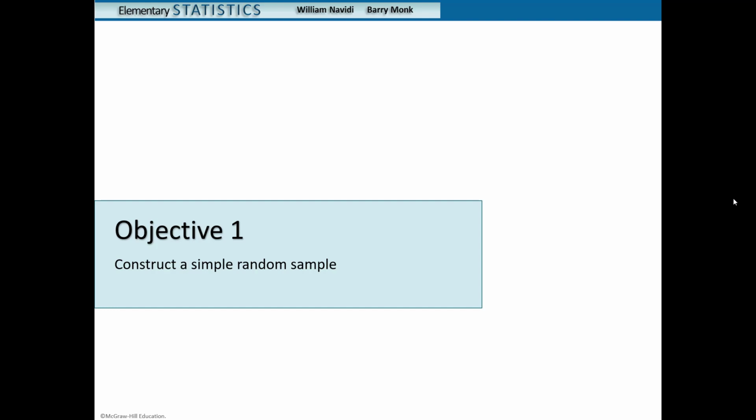So the process of polling requires two major steps. First, the voters to be polled must be selected and interviewed. And this is the way that pollsters collect information, right? So the information has to be collected. Then in the second step, the pollsters have to analyze the information to make predictions.